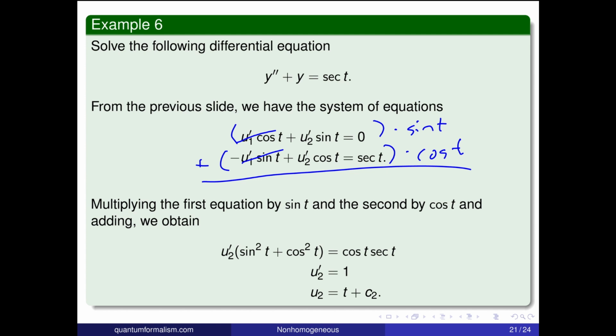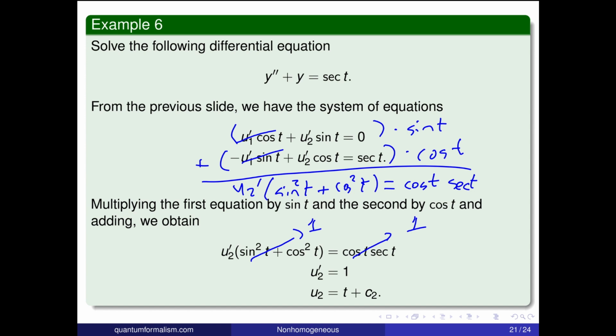We'll get a u2 prime times sine squared t from the first equation, and then a cosine squared t from the second equation, and then cosine t times secant t, but that is just 1. I mean, both of these are 1. Sine squared t plus cosine squared t is 1. Cosine t times secant t is also 1, because secant is 1 over cosine. All right, so u2 prime is 1, so u2 is just t plus a constant, not too hard.